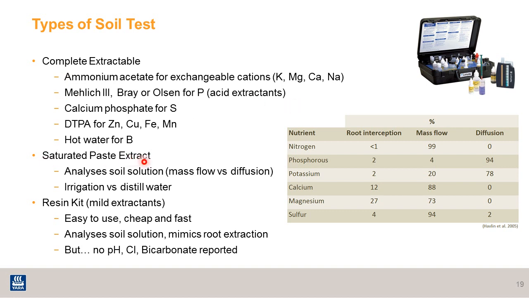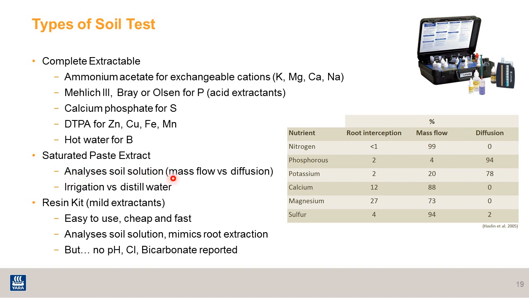Then we have the saturated paste extract, where you send the soil sample to the lab along with your irrigation water. The lab will use the irrigation water and the soil, mix them together, let it sit overnight, and suck out the soil solution. And they will analyze that soil solution to see what nutrients are in the soil.